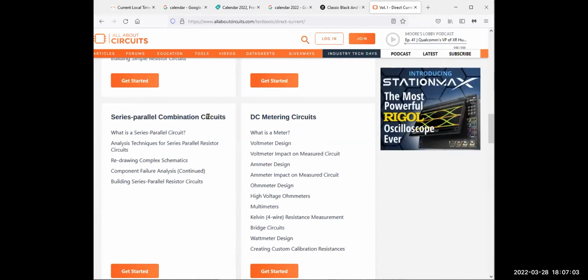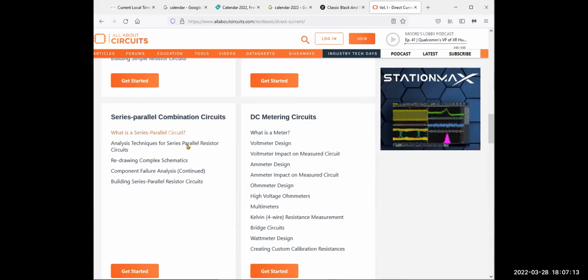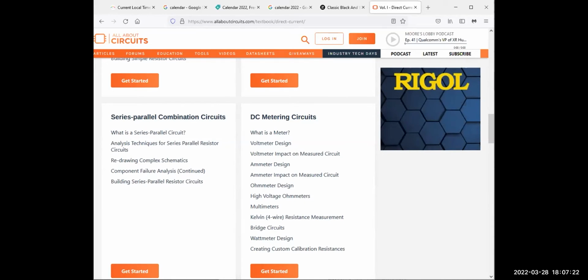One circuit is combined of both types of wiring, series wiring and parallel wiring of resistors.